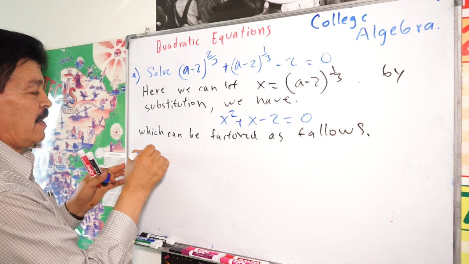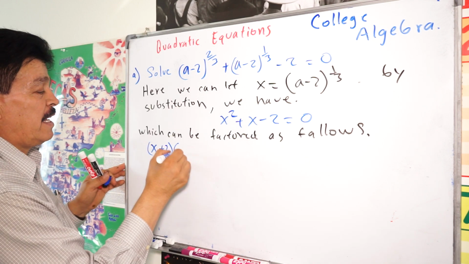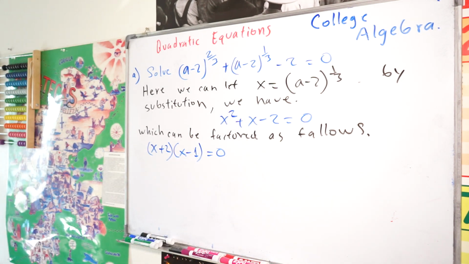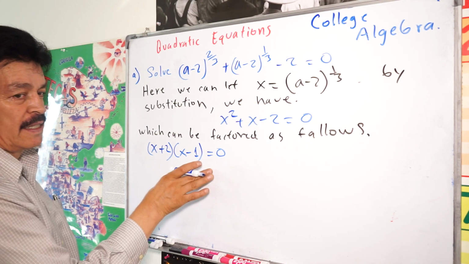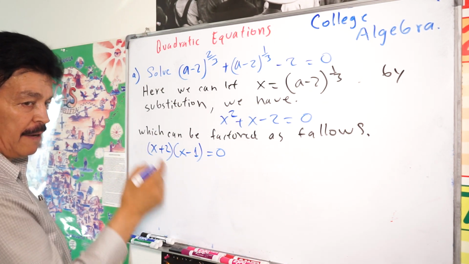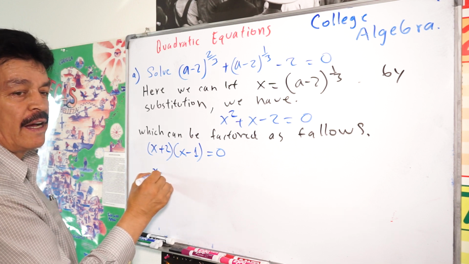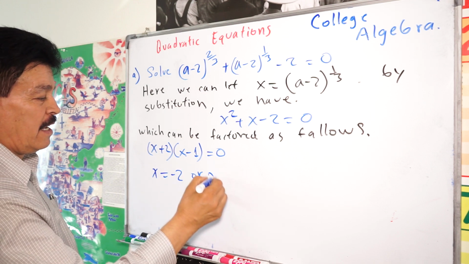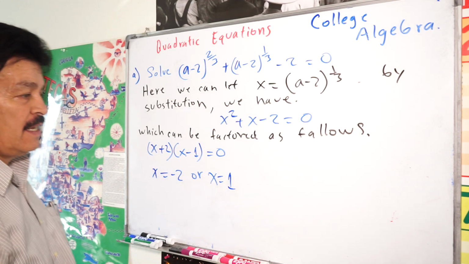So you're going to have (x plus 2) times (x minus 1) equals 0. Factor it like this. So now here x is going to equal -2, or x equals 1, both, right?